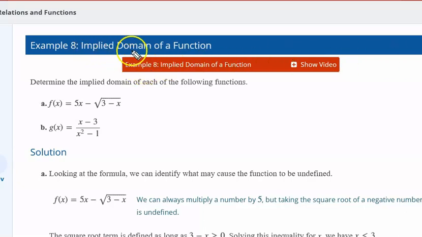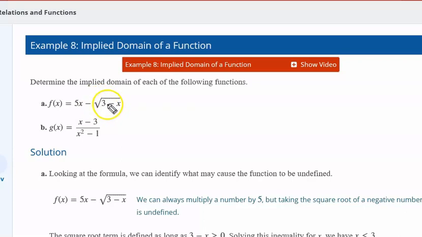So, implied domain of a function. Determine the implied domain of each of the following functions. Okay, so what's going to limit our domain here? Well, what is under the radical sign? We can't have a value of x that would make this a negative value, therefore not a real number.